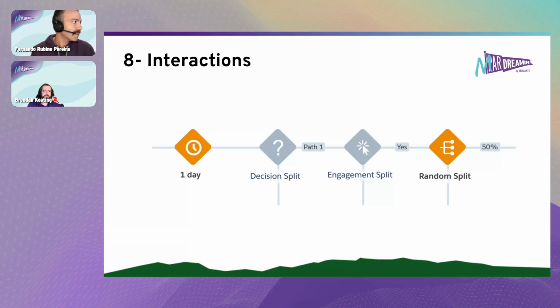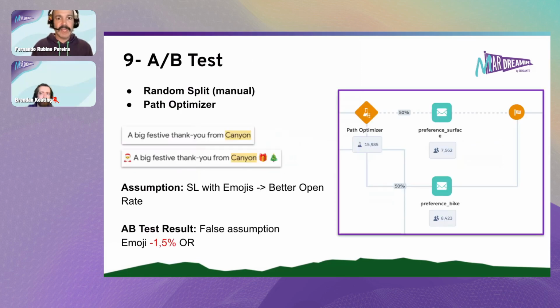And then number 9, A/B testing. This is a super cool feature. It's kind of a new feature, which is the path optimizer. Before the path optimizer, I was always using the random split manual.